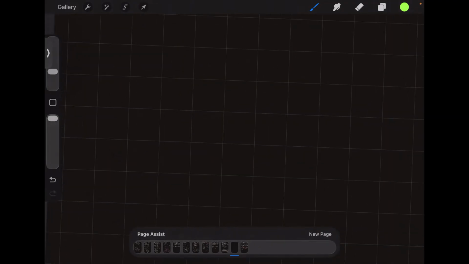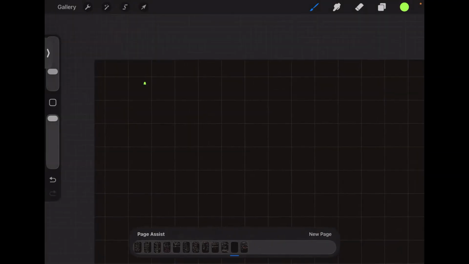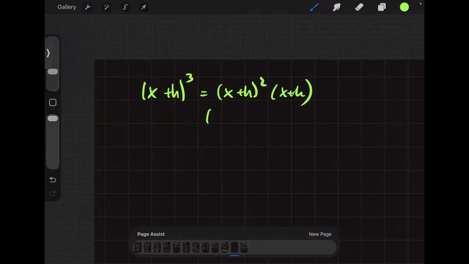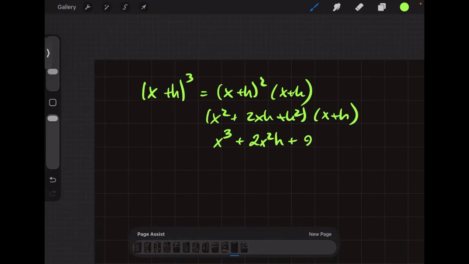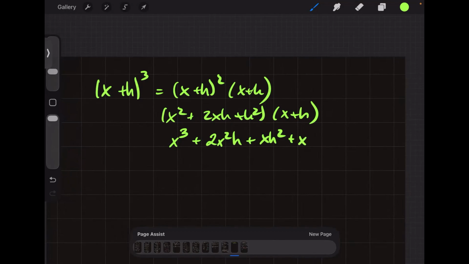Do you guys remember that x plus h to the third is the same as x plus h squared times x plus h, which gives you x squared plus 2xh plus h squared, times x plus h, which gives you x cubed plus 2x squared h plus xh squared plus x squared h plus 2xh squared plus h cubed.